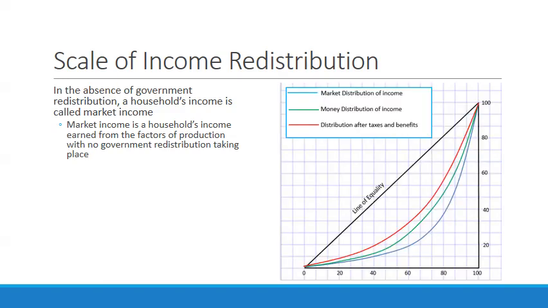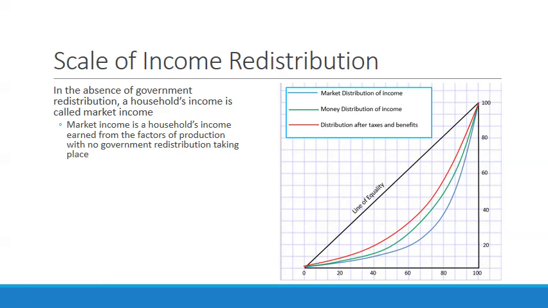Now, when you look at this, you can see the market distribution of income is this blue line at the back. This is called a Lorenz curve. You'll notice there the line of equality. What the Lorenz curve is designed to do is show us equality, money distribution. In other words, if your lines were flattened and equal to the line of equality, then you would have true equality within the economy.